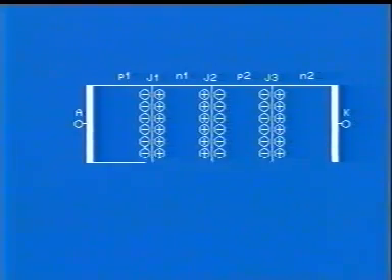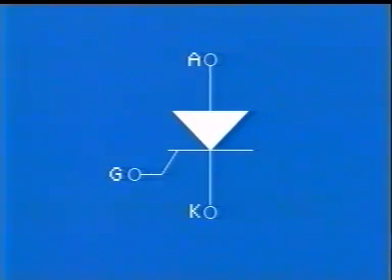In the absence of any external voltage, depletion layers are formed at junctions J1, J2, and J3. SCR is symbolically represented like this. That completes the description of the structure of the SCR.